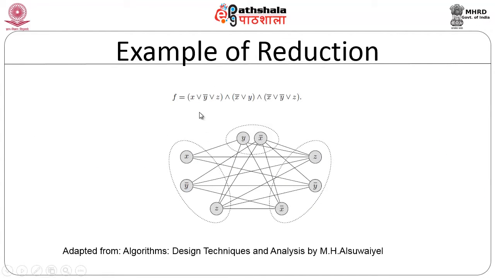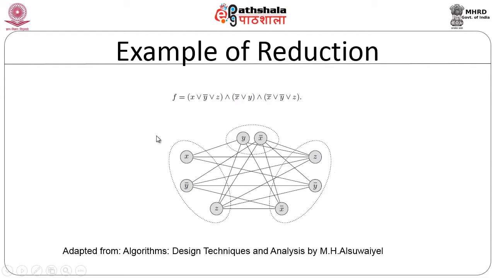So, you can see that you have a formula like this. x, y bar and z form one node, and x bar and y form another node, and x bar, y bar and z form another node.